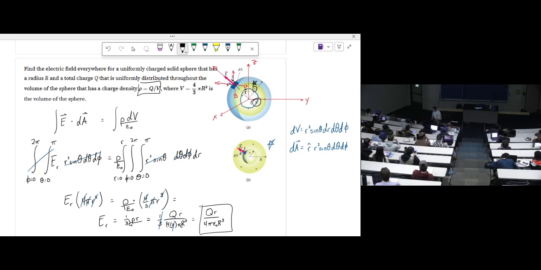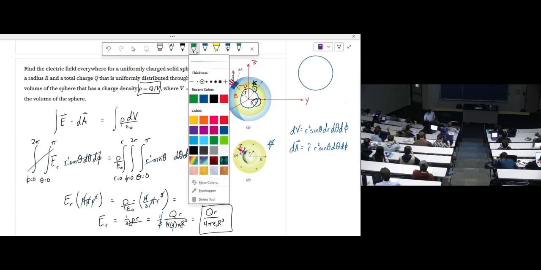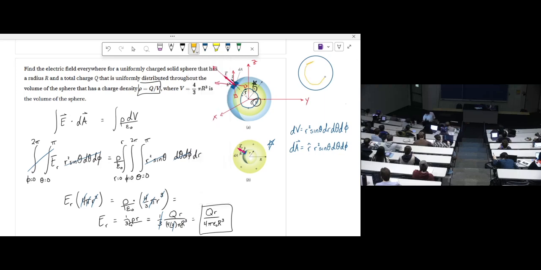Because Gauss's law states that, okay, we've got this problem right here. While I'm outside, I've got my integrating sphere looks something like this. Imagine that was a sphere instead of a circle. And whether my charge density looked something like, let's see if this shows up, something like, that's terrible.